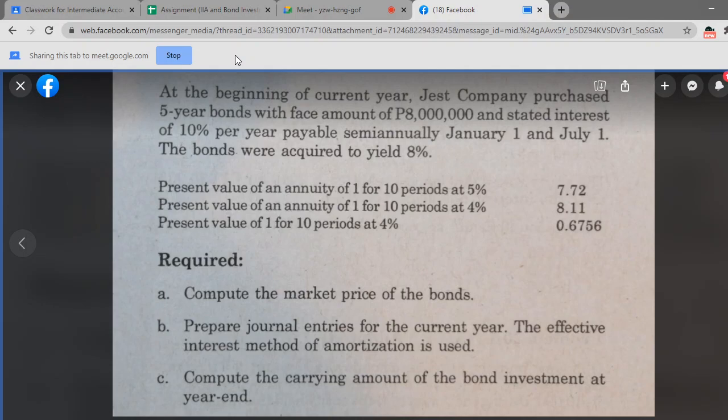So, if ato siya i-analyze, 5 years daw ang kini nga bonds, pero ikaduha sa isa ka tuig magbayad og interest. Therefore, pila ka periods. That's going to be 5 years times 2 kasi twice in a year. So, that's 10 periods in total.